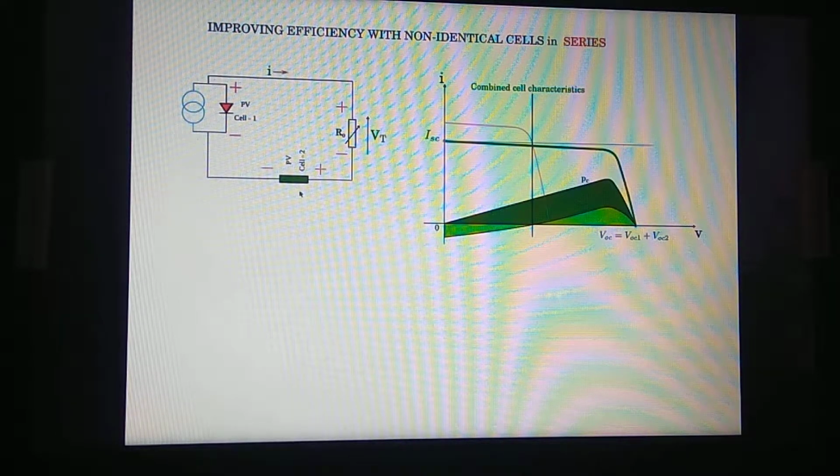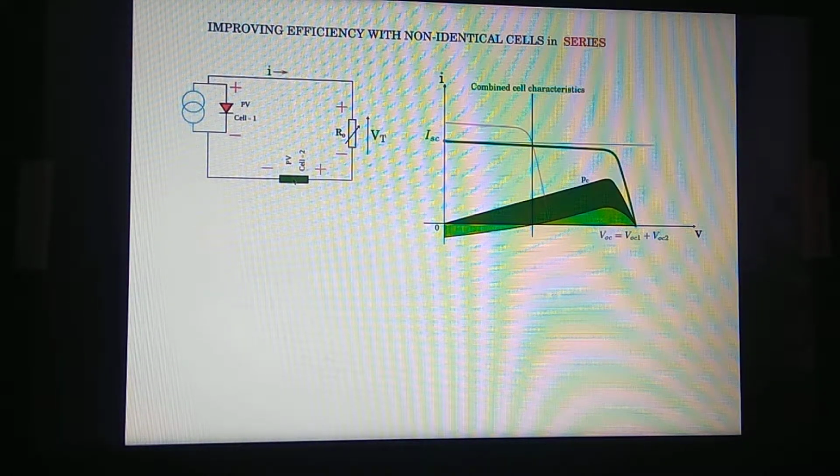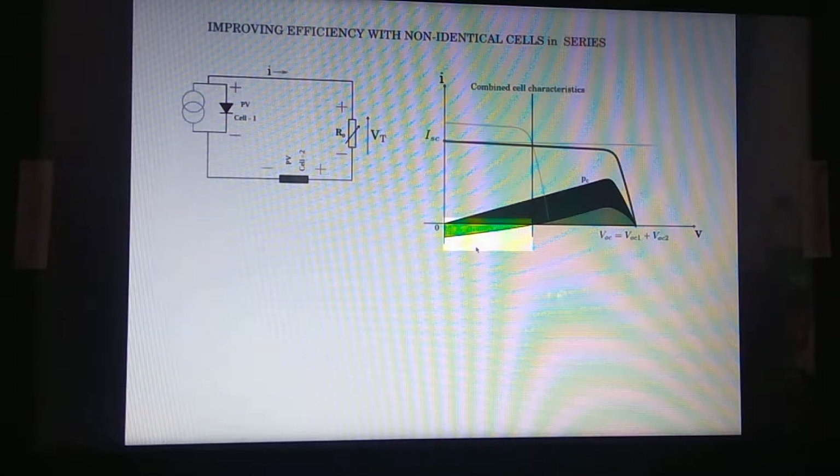Now the question is, if PV cell 2 is sinking, it is dissipating and it is becoming hot. Can we avoid that? Can we bypass PV cell 2, or any cell which is sinking, such that it doesn't consume any power during the time when it is normally supposed to behave like a resistor in this region?